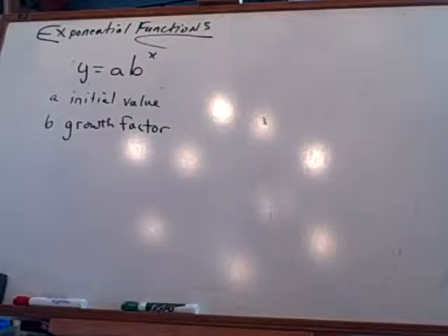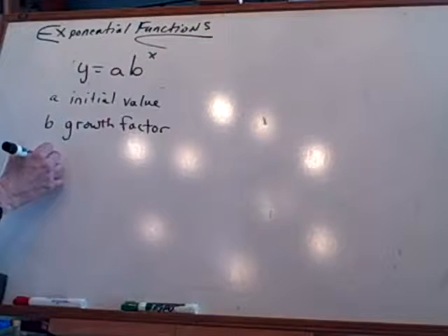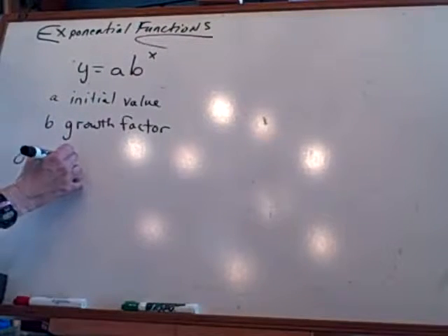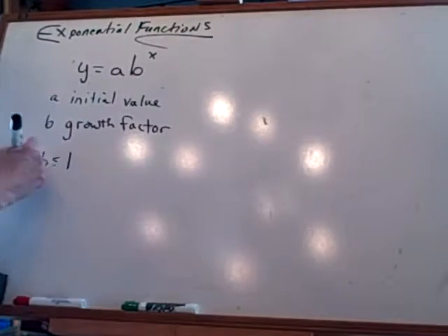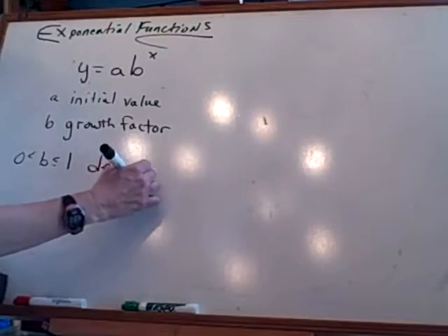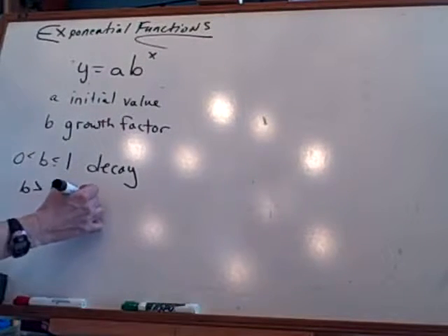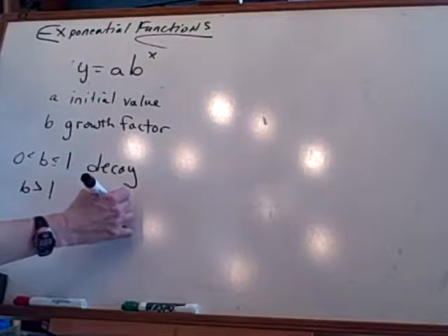We'll let you know what that means later. If b is somewhere between 0 and 1, then it's called exponential decay. If b is greater than 1, it's going to be called exponential growth.